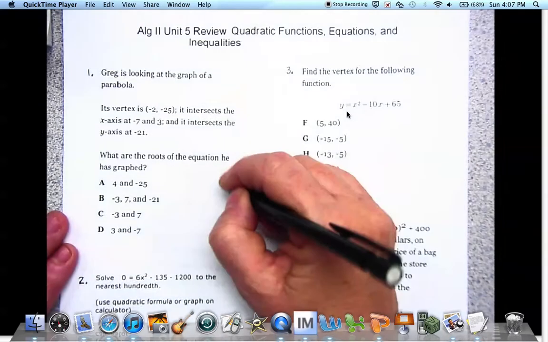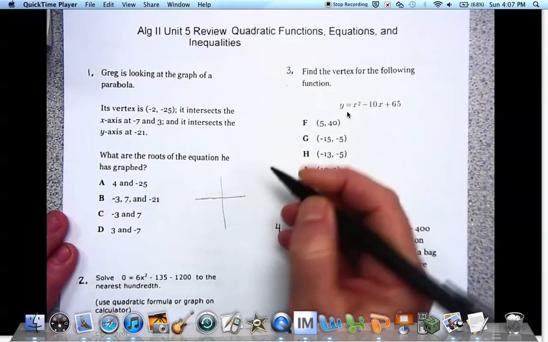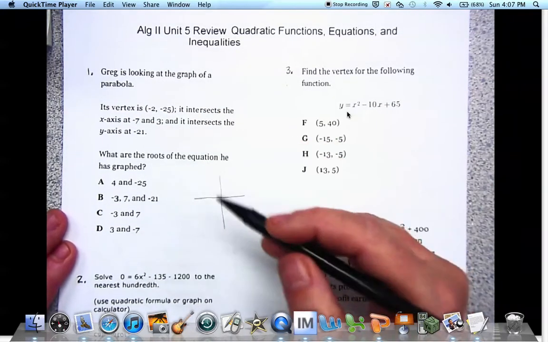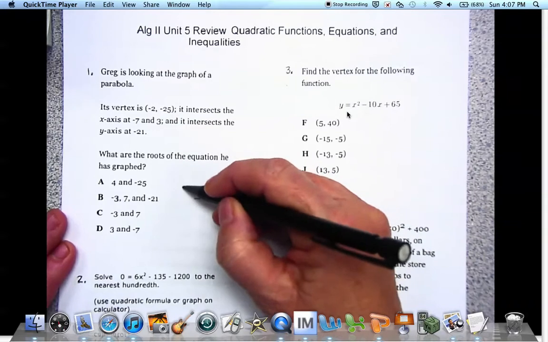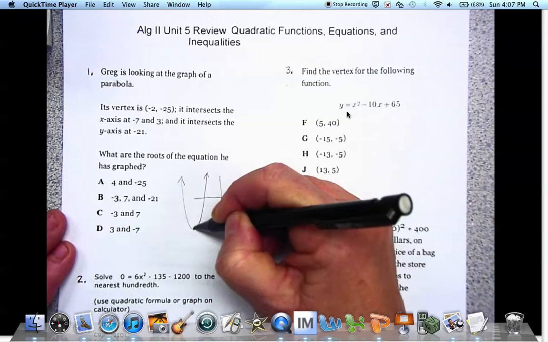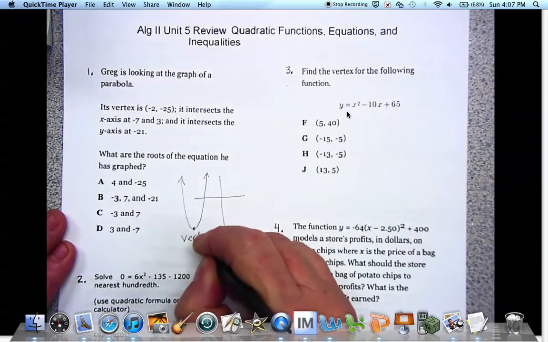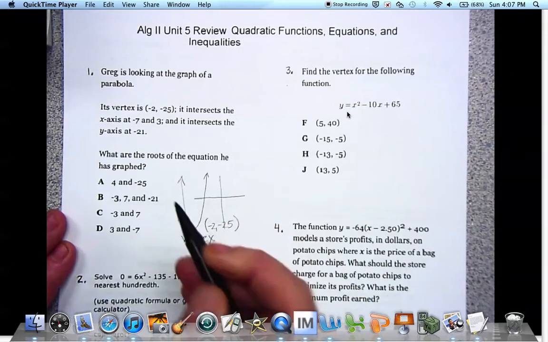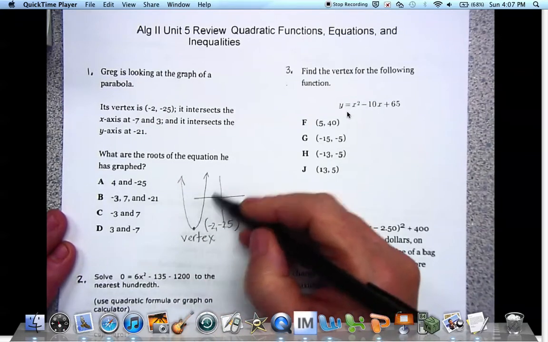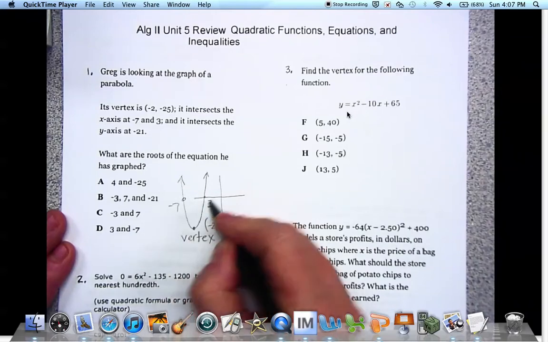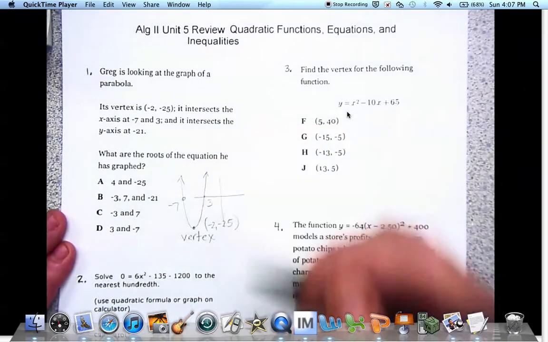Okay, so let's just look at it. The vertex (-2, -25) would be down in this quadrant somewhere. It'd kind of look like this, and this would be the vertex. The roots are going to be at -7 and 3, which I haven't graphed very well because 3 is positive.